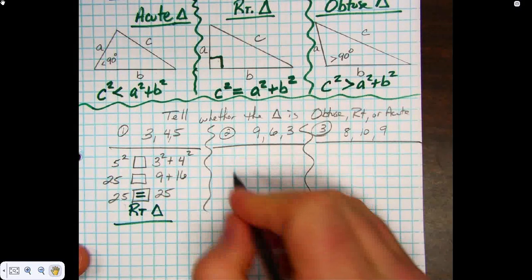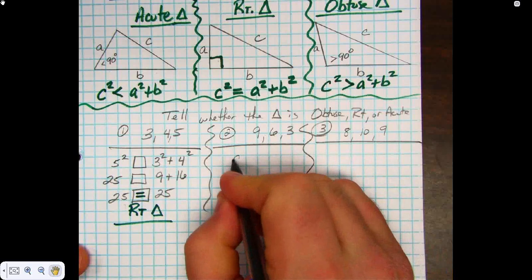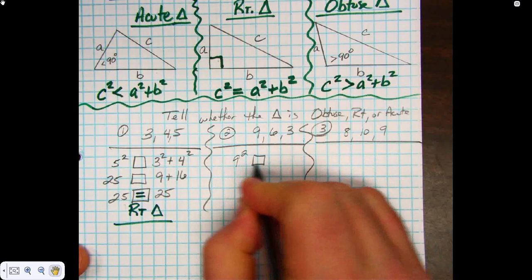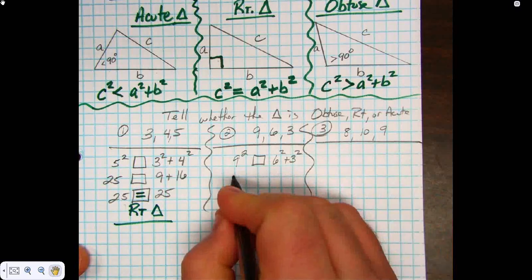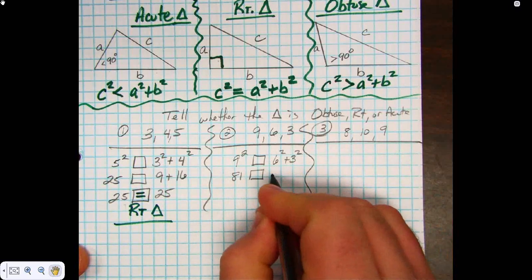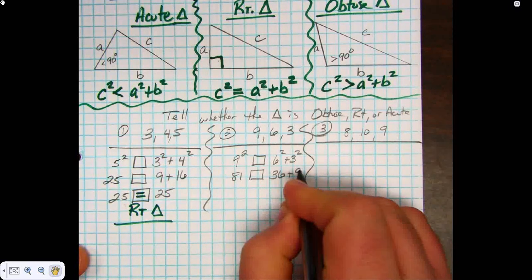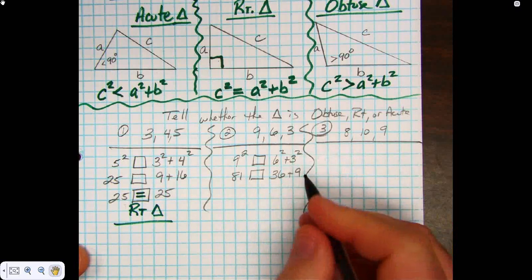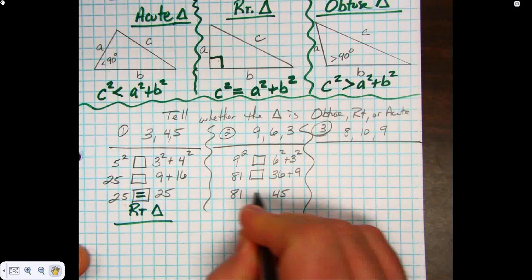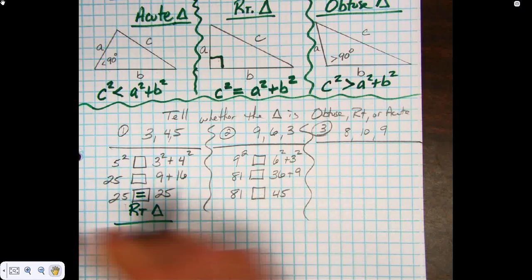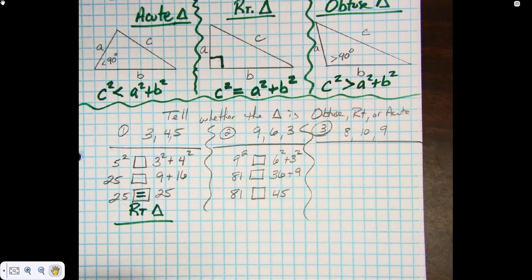Come over here to this one. Which one's my hypotenuse? So 9 squared, I've got to see how that relates to what? So I get 81. What's this? 36 plus 9. What's this? What is 81?